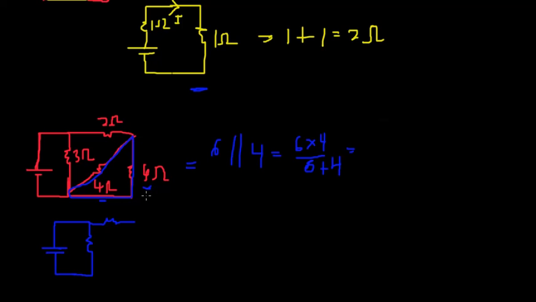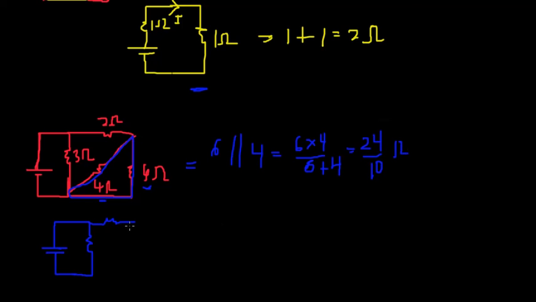So you can just check what our resistors which are in parallel are. We have that to be 6 times 4, and then 6 plus 4, that's 24 on 10, which is 24 on 10 ohm.